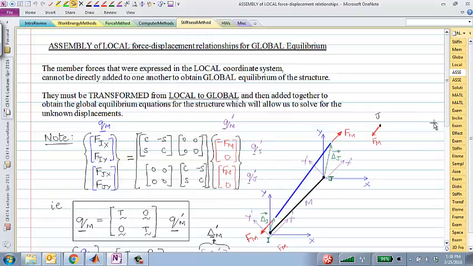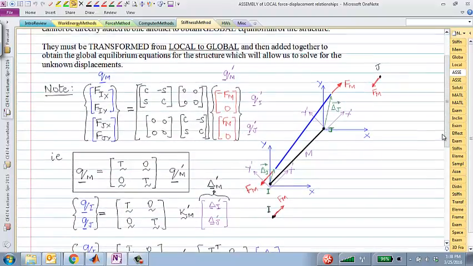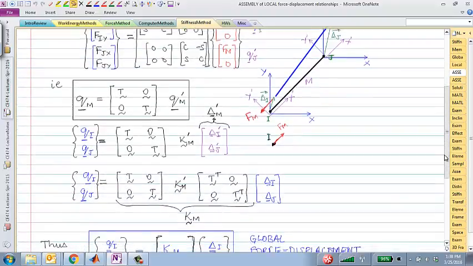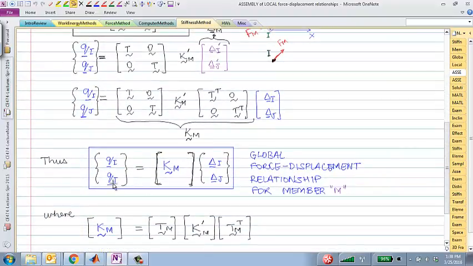And the way we did that last time, if you remember, was using this transformation matrix that we had derived, cosine minus sine, sine and cosine. Given any vector, this transformation matrix will take you from a local coordinate system to a global coordinate system. And using this approach, we were able to express the same force displacement relationship for a truss element using a transformed stiffness matrix.